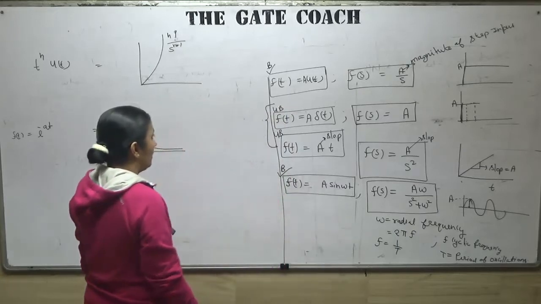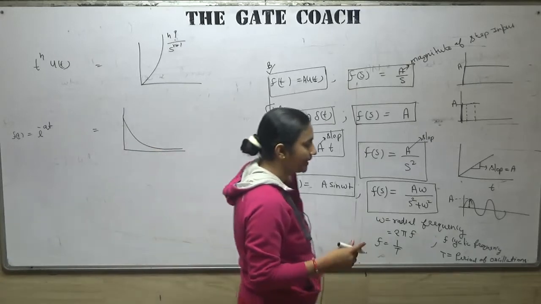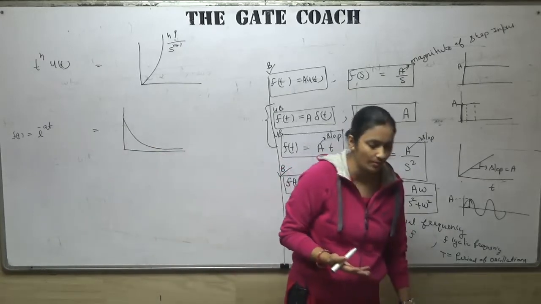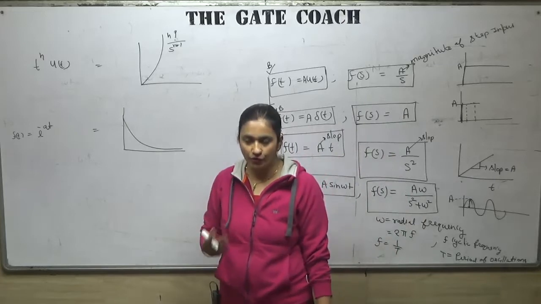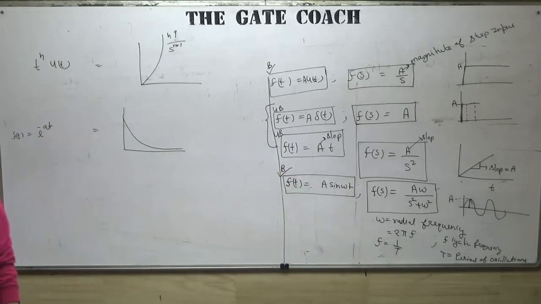A bounded forcing function is a function that has certain boundaries, and a bounded forcing function represents a stable system, whereas an unbounded forcing function represents instability.